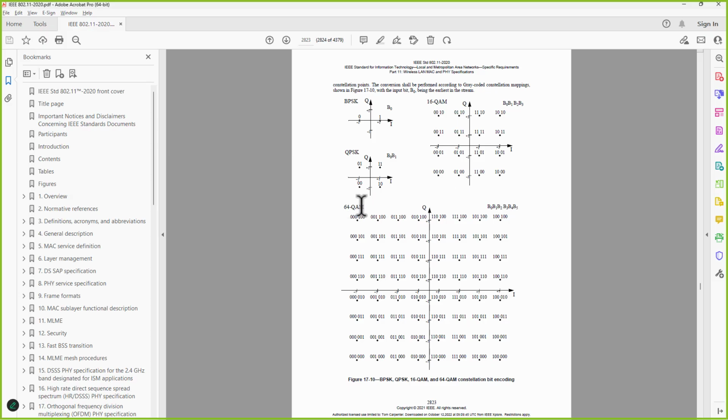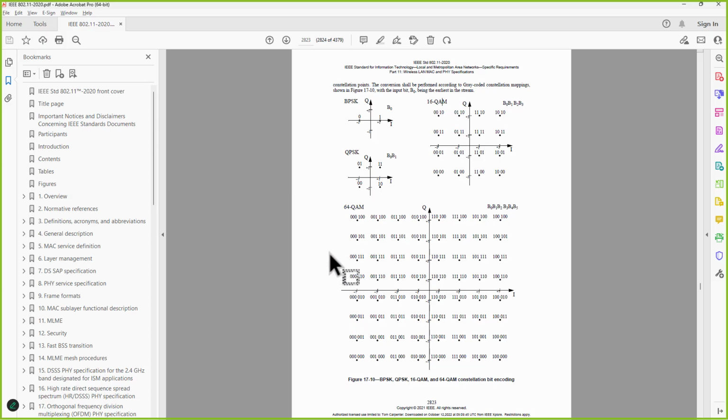And here we have 64 QAM, which means we have 64 targets. And if you look, we have 1, 2, 3, 4, 1, 2, 3, 4, 1, 2, 3, 4, 1, 2, 3, 4 in one quadrant. We have 4 rows of 4, or 16 in a quadrant. 16 times 4 for all 4 quadrants is 64 QAM.